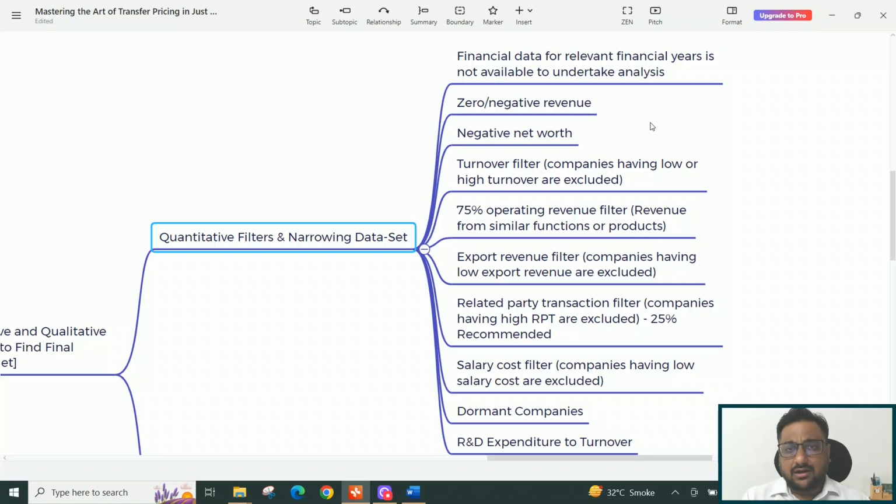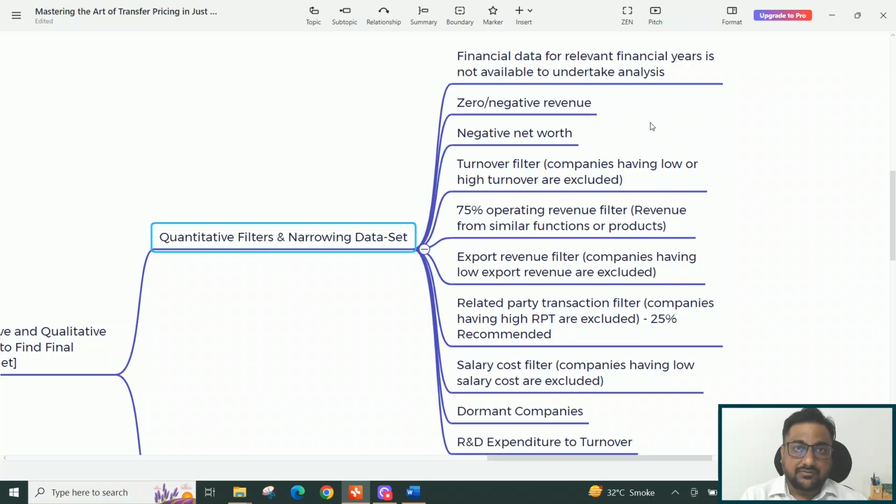Now let me also tell you, it is not necessary that you apply these filters every time. There is no provision to apply these filters, but this is the general practice that we follow, so that we ensure that our comparables broadly match the functions which are being undertaken by the tested party, right? Then at certain points of time the consultants also apply the export revenue filter.